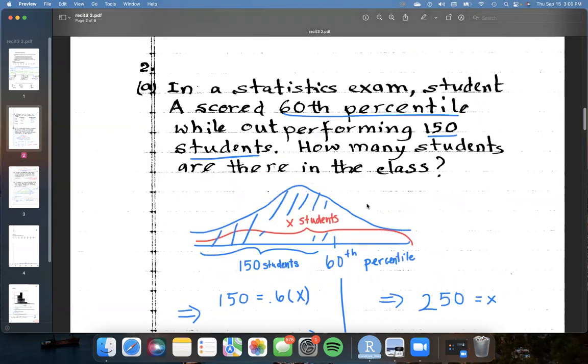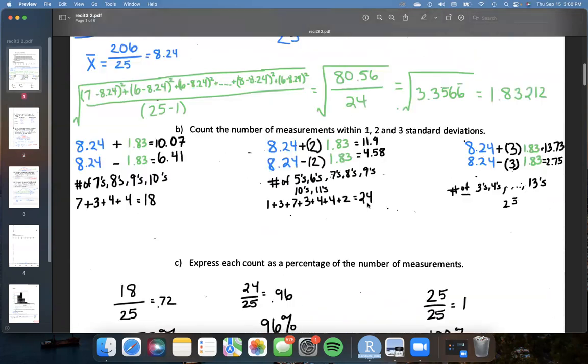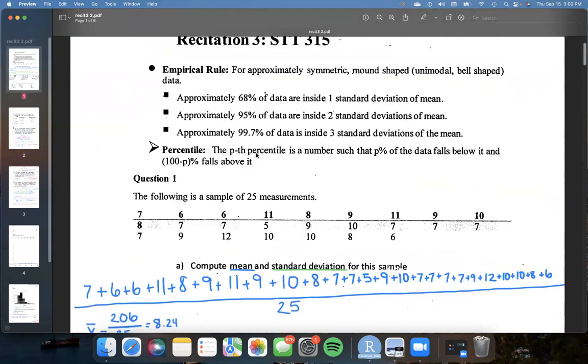And just to go back up here, what this is saying, the pth percentile, in this situation, we were dealing with the 60th percentile. Let's say we're dealing with the 60th percentile just to make sense of this statement. The 60th percentile is a number such that 60% of the data falls below it, and 100 minus 60, so that would be 40%, falls above it.